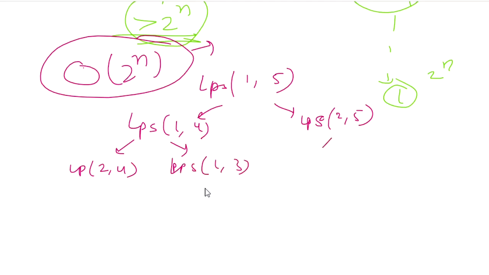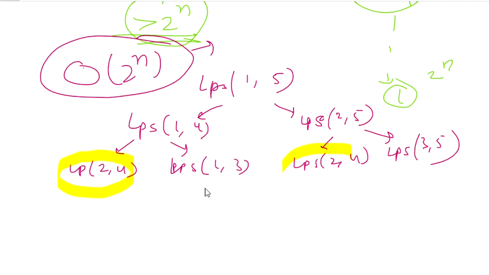Similarly you'll run 2 comma 4, or you will run 3 comma 5. So now you can see that this problem here and this problem here are the same. That is, there is this overlapping of subproblems.